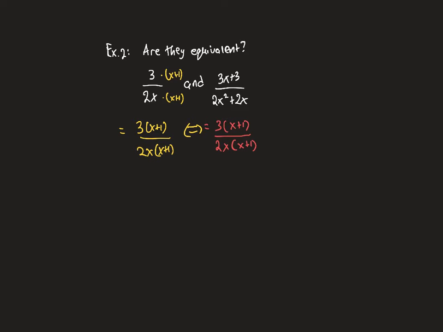The next thing you have to do is you need to figure out your restrictions. And my original restrictions here would be, so I know that x can't equal 0, and it also can't equal -1 due to this. In this case, x just can't equal 0.